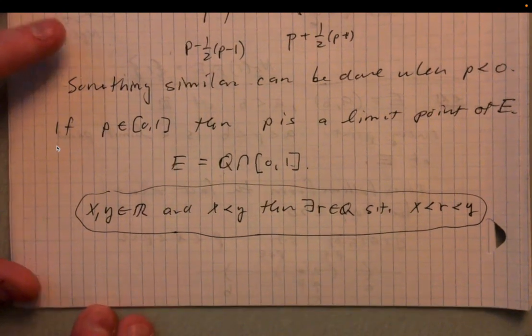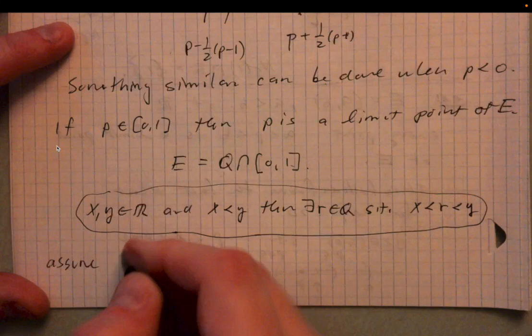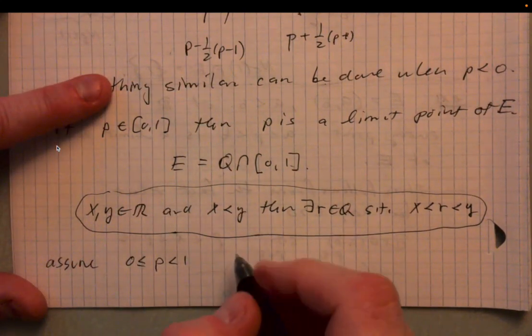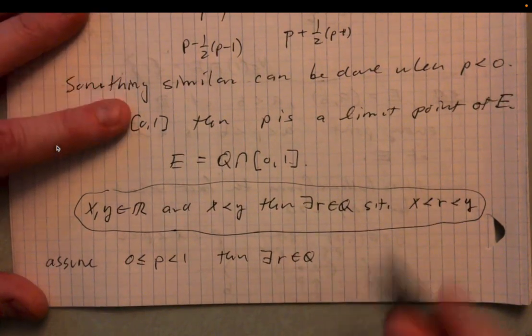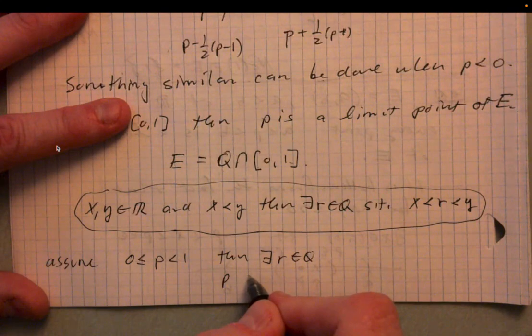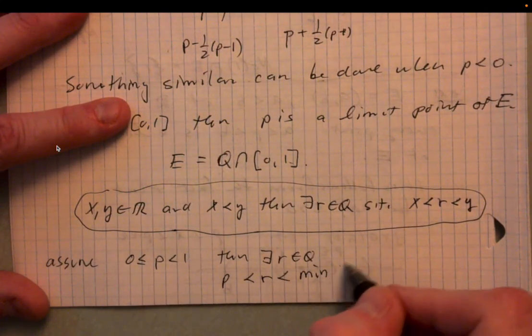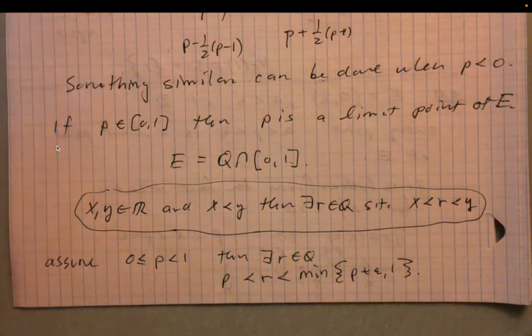Okay, so if we assume that 0 is less than or equal to p, which is less than 1, then there's going to exist an r in Q such that p is less than r, which is less than the minimum of p plus epsilon, comma 1, right? That's the setup.